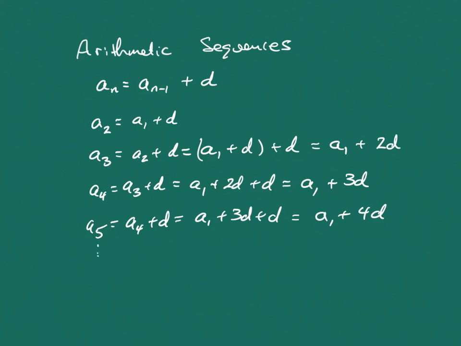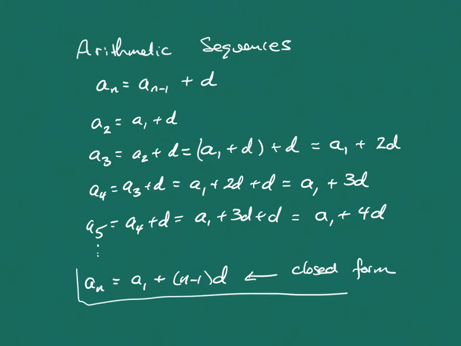And if I kept this going, it's pretty obvious that it looks like a1 plus n minus 1 times d. And so this gives me now my closed form for my arithmetic sequences.